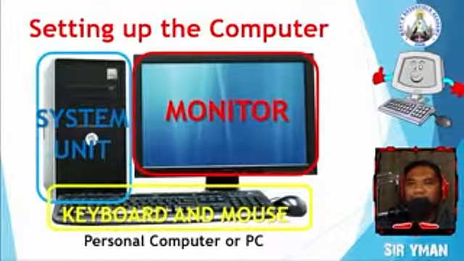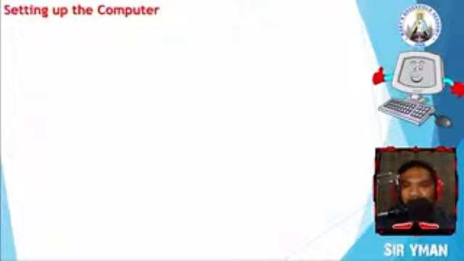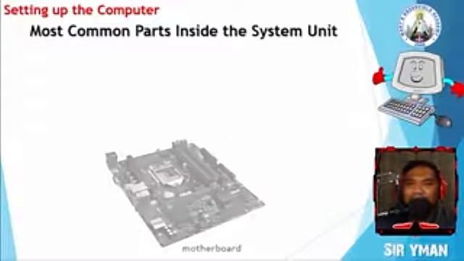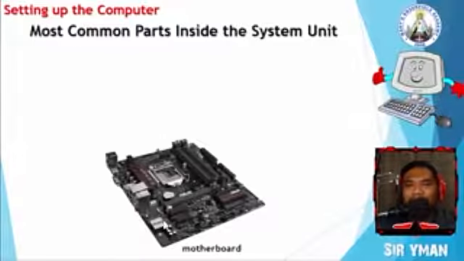So the most common parts inside the system unit are, of course, the motherboard. Initially, motherboard, this is the main part of the computer, no? Sabi ko sana main brain. Ito yung malaking part ng computer, ito yung backbone eh.